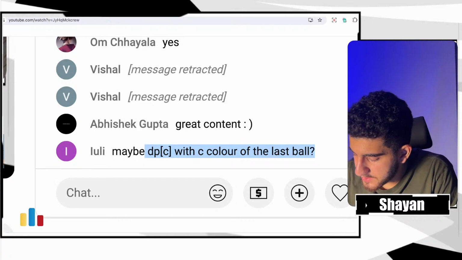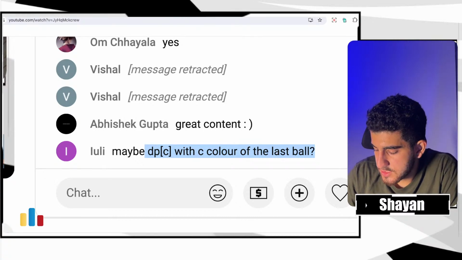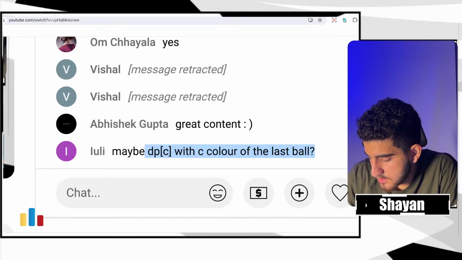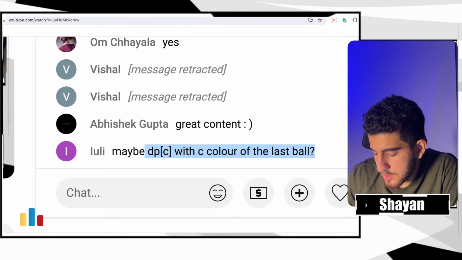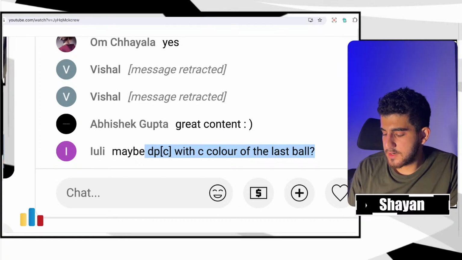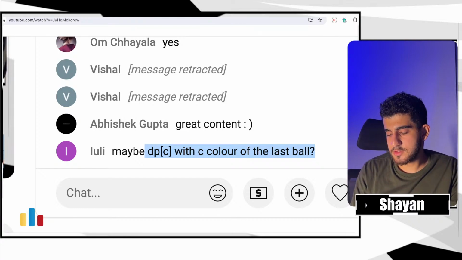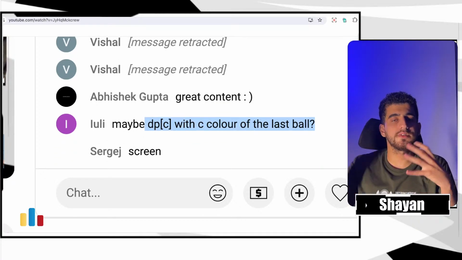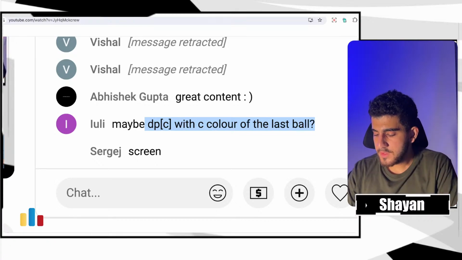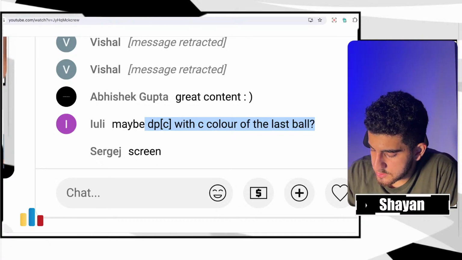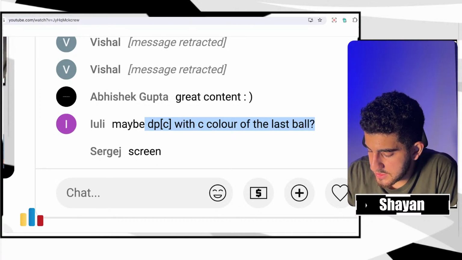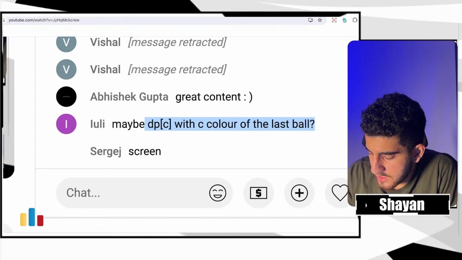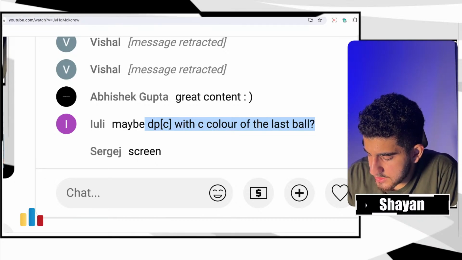So first, I want to find a solution with bad time complexity. It's okay if my time complexity doesn't work from the beginning. I'm starting with some O of n squared solution. What I can do is start from the beginning and go over all the elements, and for each element, I can do this.